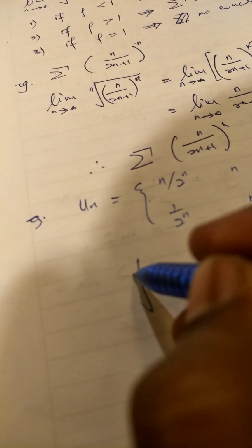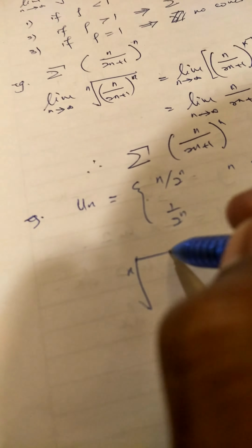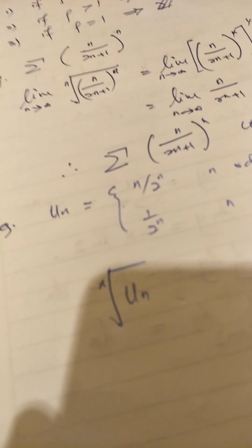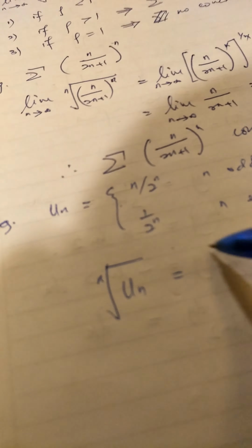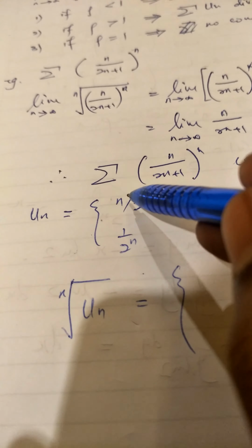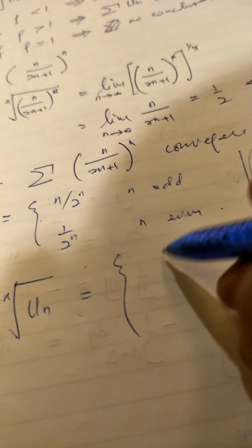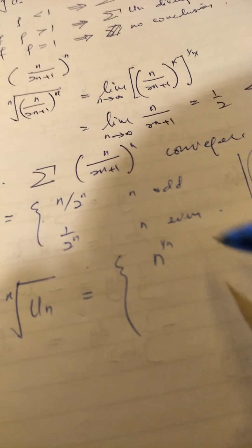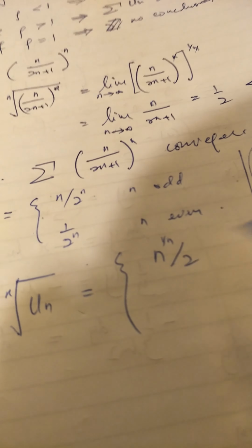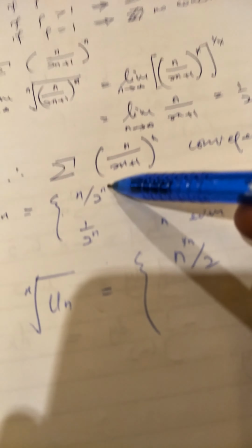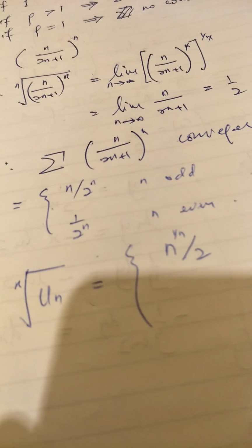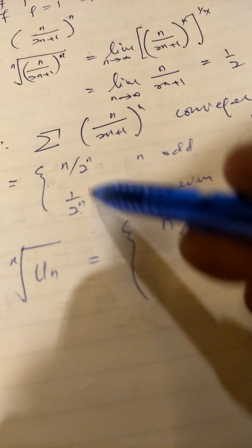If we use the root test, we take the nth root of un. So we have n to the 1 over n, over 2, because n and 1 over n cancel out, so we have 2, and for the other one you have 1 over 2.